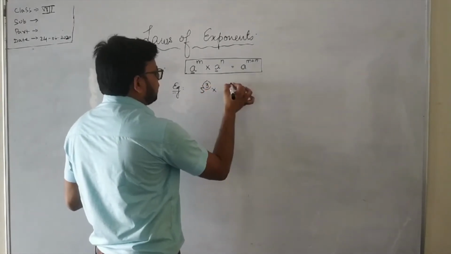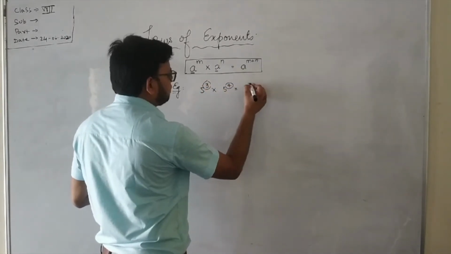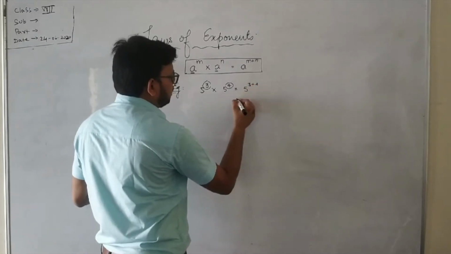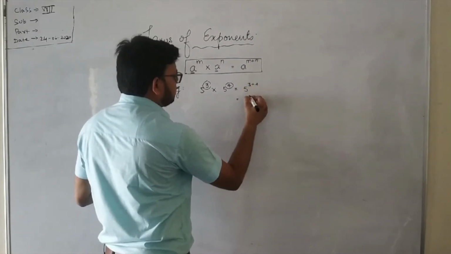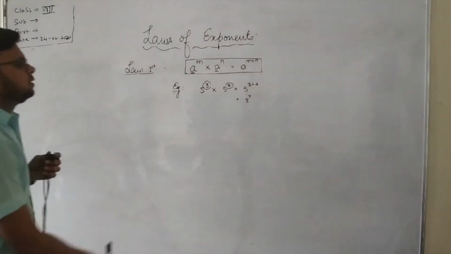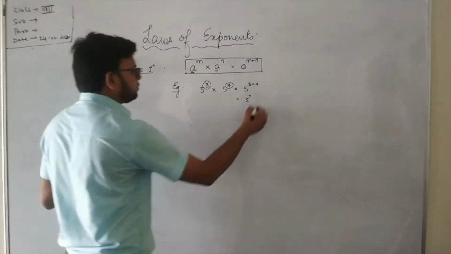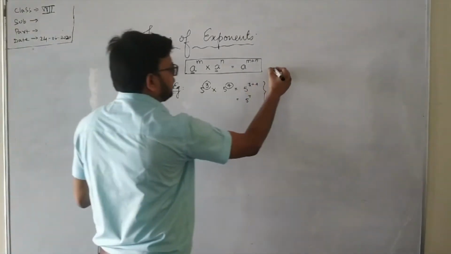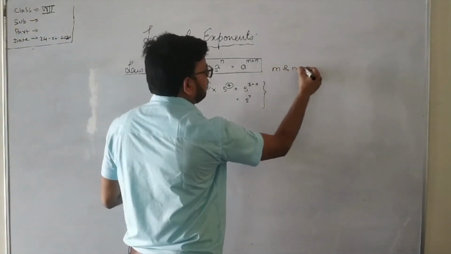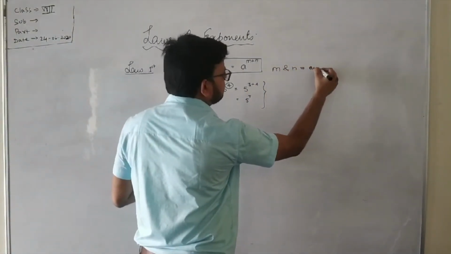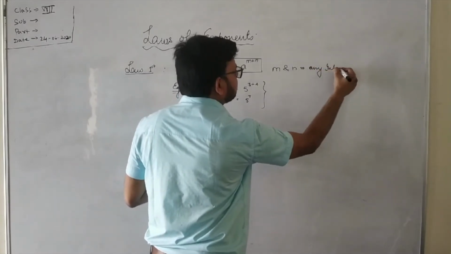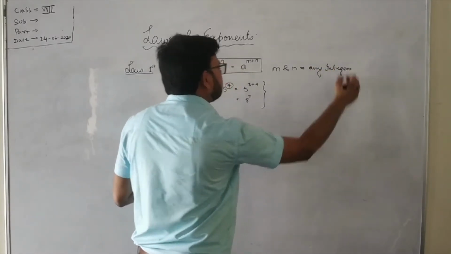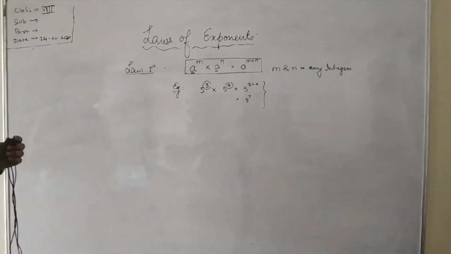We can add the powers: 5 to the power 3 plus 4, and this gives us 5 to the power 7. This is our answer. Where m and n are any integers. This is valid for all integers, whether positive or negative.